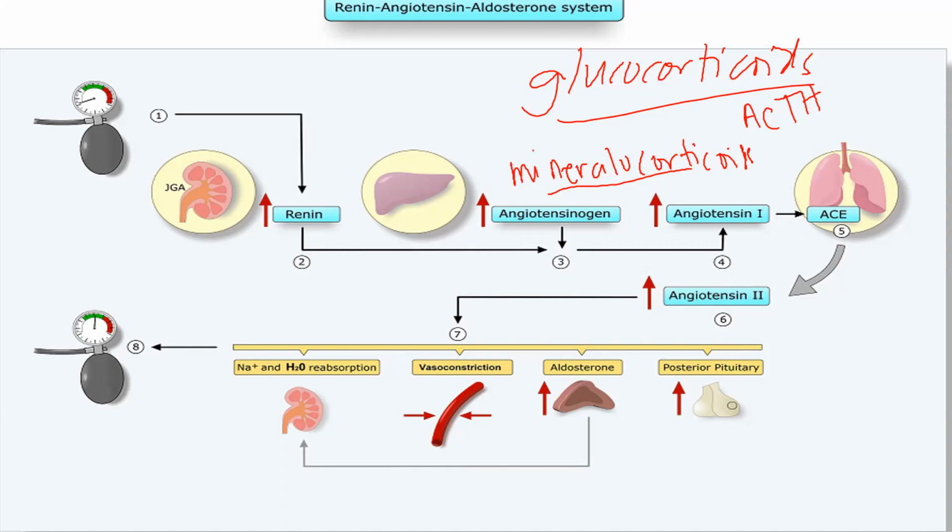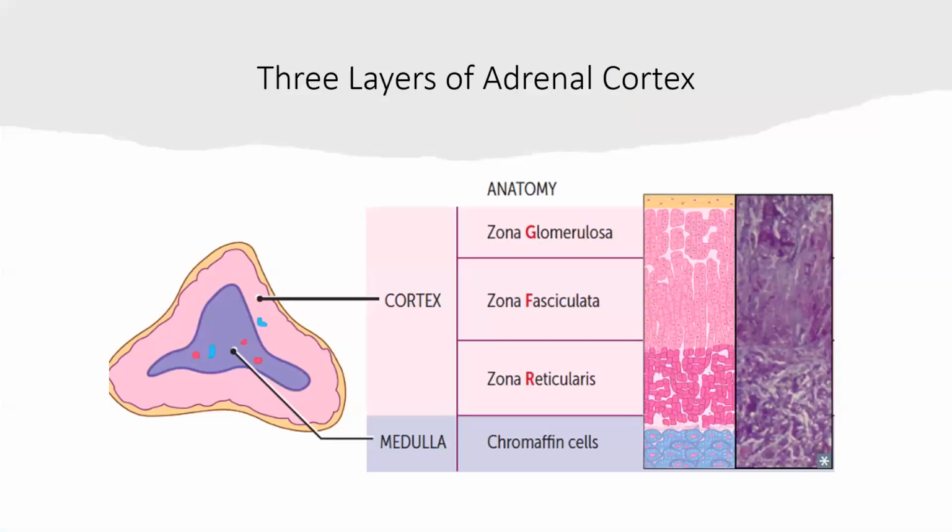Okay. Now, moving forward to our adrenal cortex. Like what I've said, the adrenal cortex is the true adrenal gland wherein dito nangyayari yung production of our steroid hormones. If we are going to recall the anatomy and physiology of our adrenal cortex, it is divided into three zones. The zona glomerulosa, which is the outer layer, which accounts for 10% of our adrenal cortex.